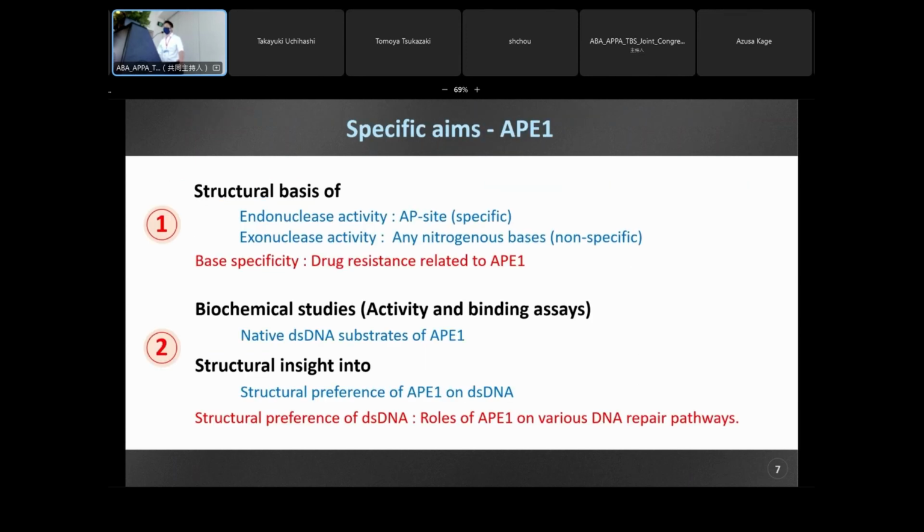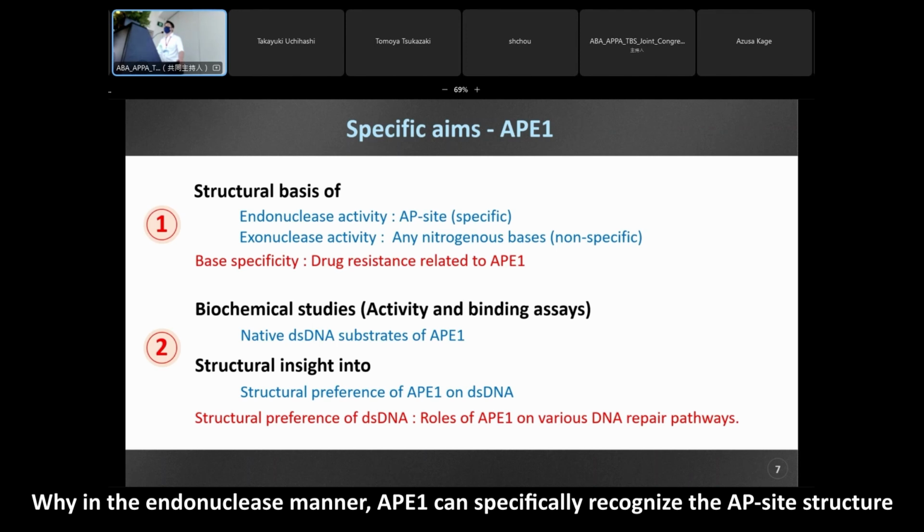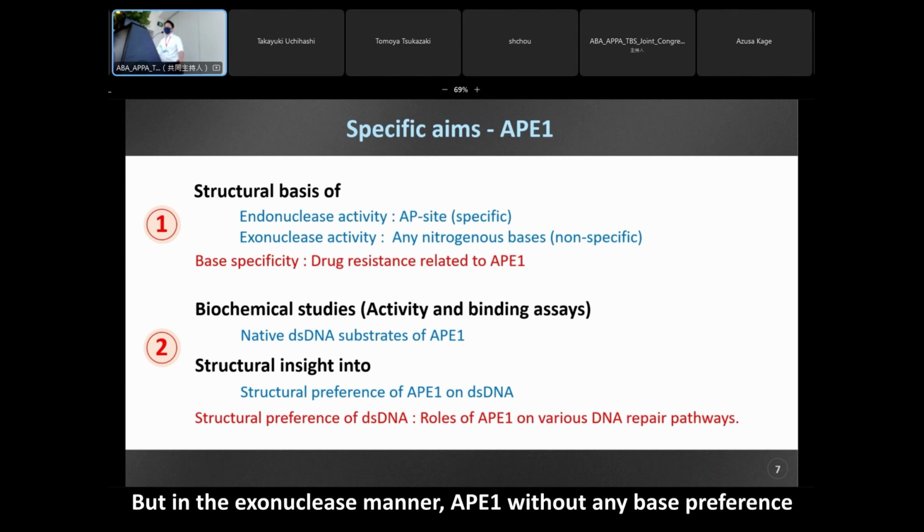So we have two specific aims. The first specific aim is that we want to understand the structural basis of the base preference of APE1. As an endonuclease, APE1 can specifically recognize the AP site structure, but as an exonuclease, APE1 has no base preference.